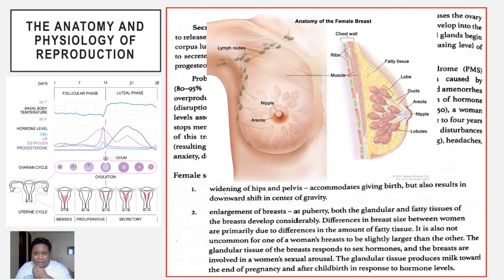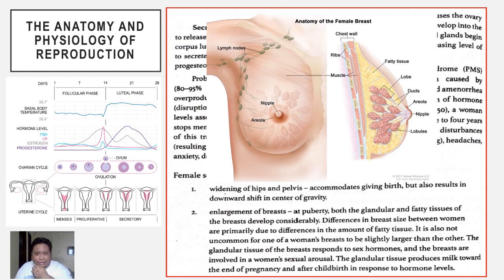At puberty, both the glandular and fatty tissues of the breasts begin to develop considerably. The differences in breast size between women are primarily due to differences in the amount of fatty tissue. It's also not uncommon for one breast to be slightly larger than the other.